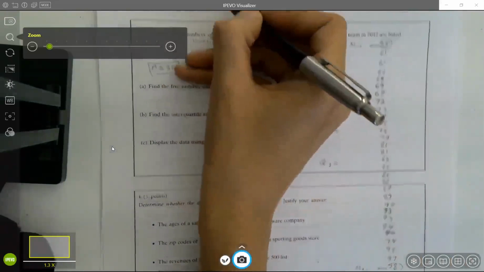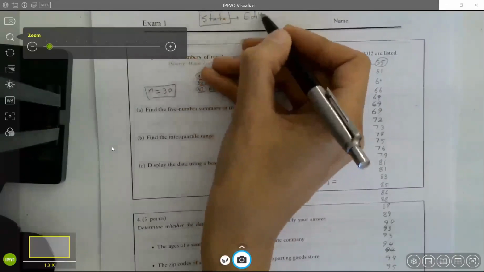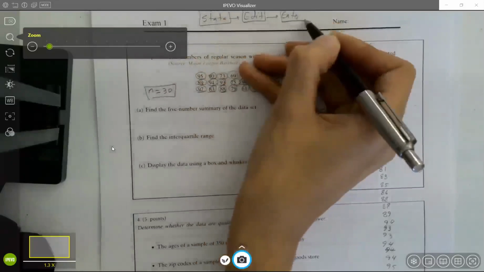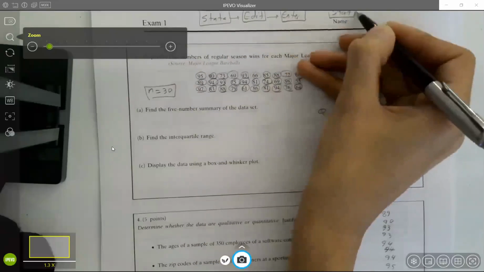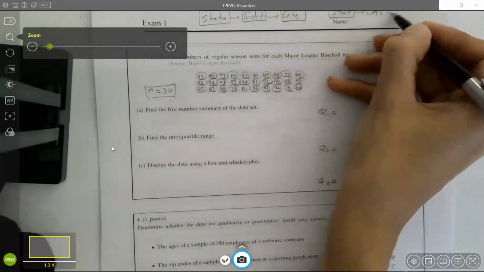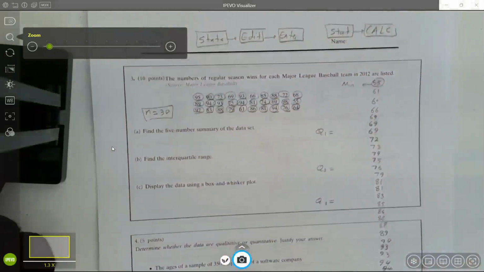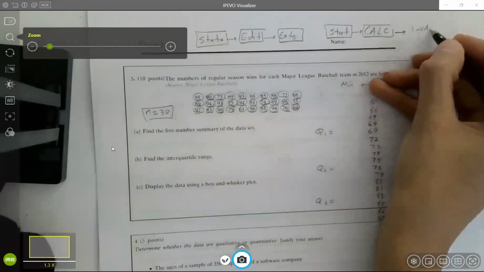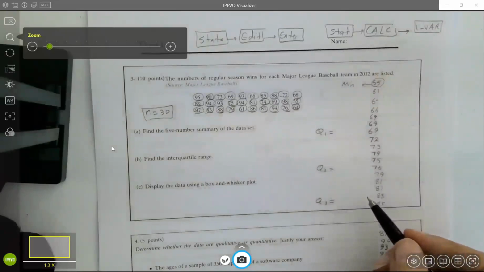You go to stat, go to edit, enter all of the data, then you go to stat, go to calc, then one variable, you can actually derive all of this information.